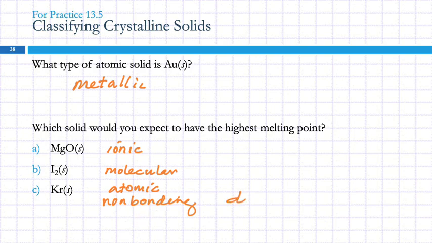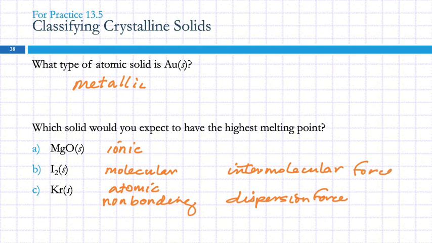So we've got dispersion forces, we've got intermolecular forces, which can vary, and we've got ionic bonds. Which of those is the strongest? Ionic bonds. So magnesium oxide is going to have the highest melting point.